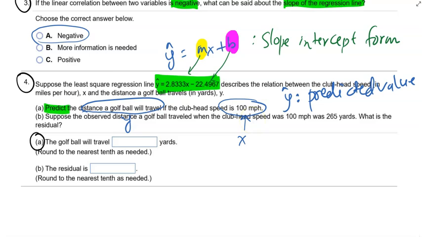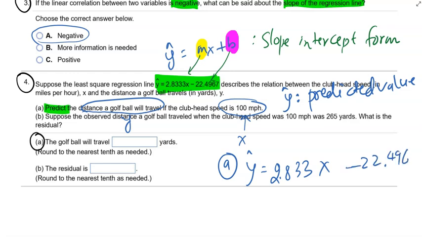To find the prediction for part A, you have the equation y hat equals 2.833x minus 22.4967, and this x value has to be replaced by the x value for which we are predicting the distance. This is 100 miles per hour.